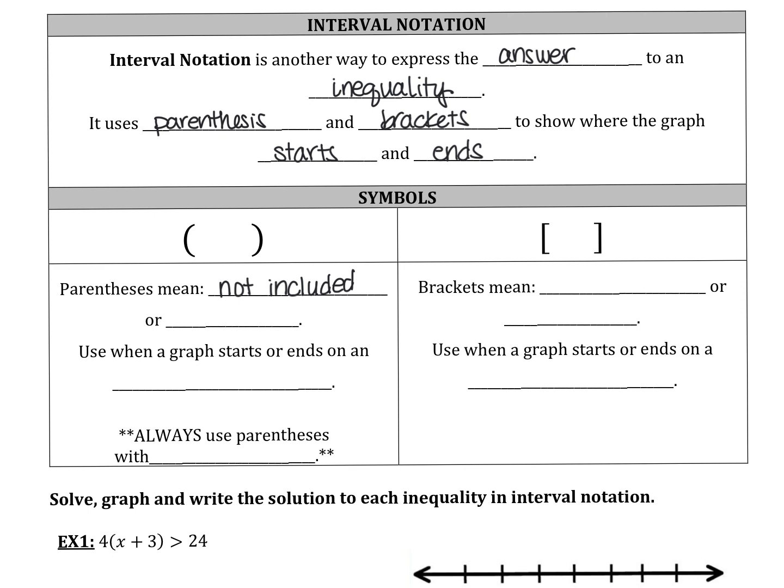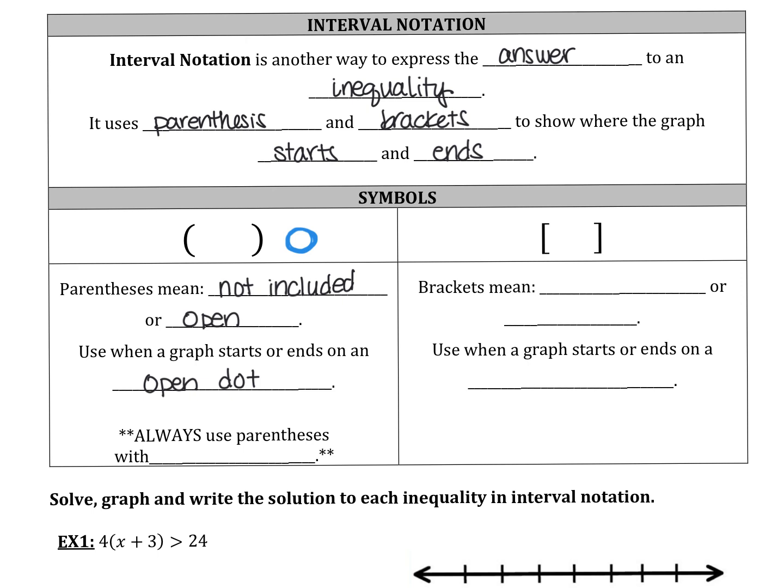Hopefully we remember that if something was not included, it meant that it had an open dot. So our parentheses are equivalent to an open dot, or used when we have an open dot. So if a graph starts or ends on an open dot, that's when we use parentheses.